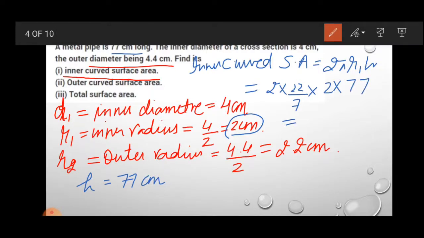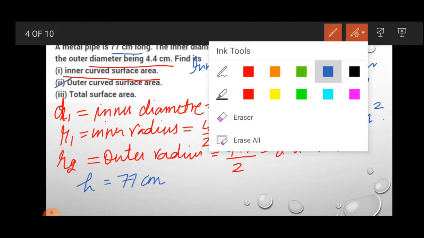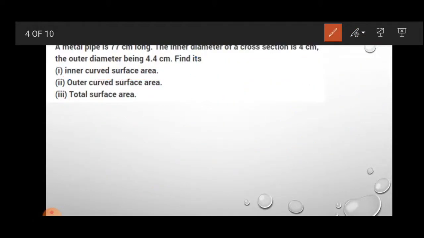On solving this, we get inner curved surface area 968 centimeter square. Second part, outer curved surface area. R1 is 2 centimeter, R2 is 2.2 centimeter and height is 77 centimeter.